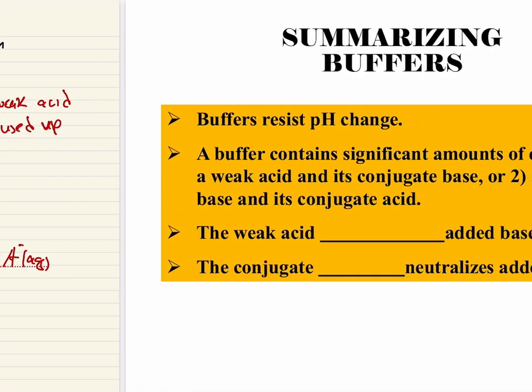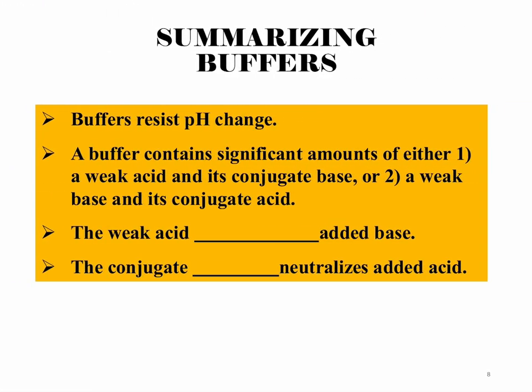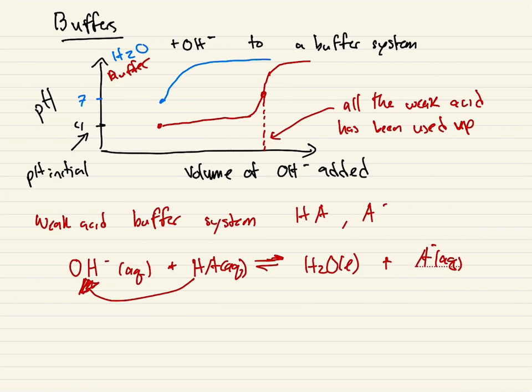All right. So again, buffers resist a change in pH. They contain both weak acid and its conjugate base, or a weak base and its conjugate acid. So in the weak acid buffer system, that does what to added base? Right, so in the system, what happened when we added base? It neutralized, right?